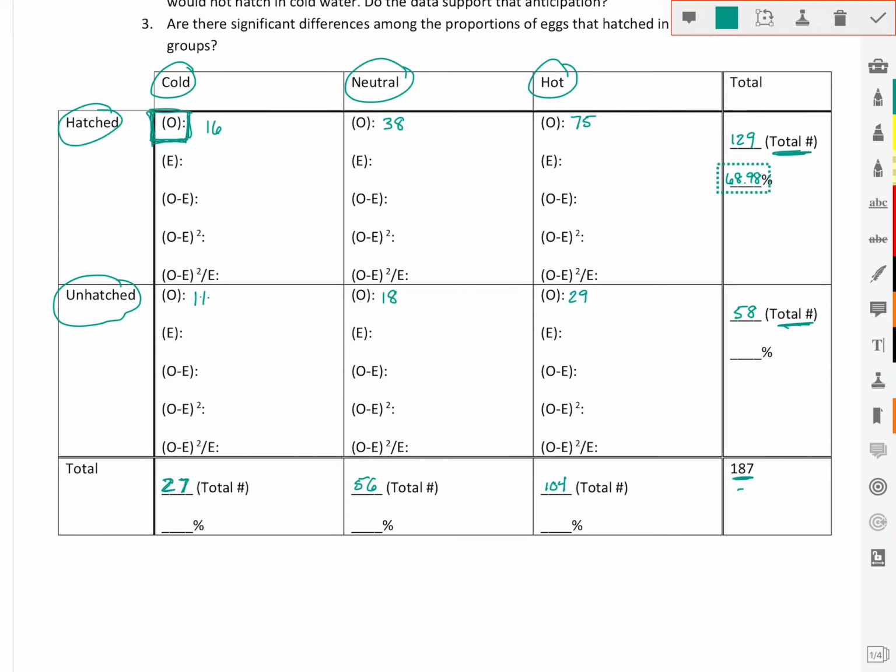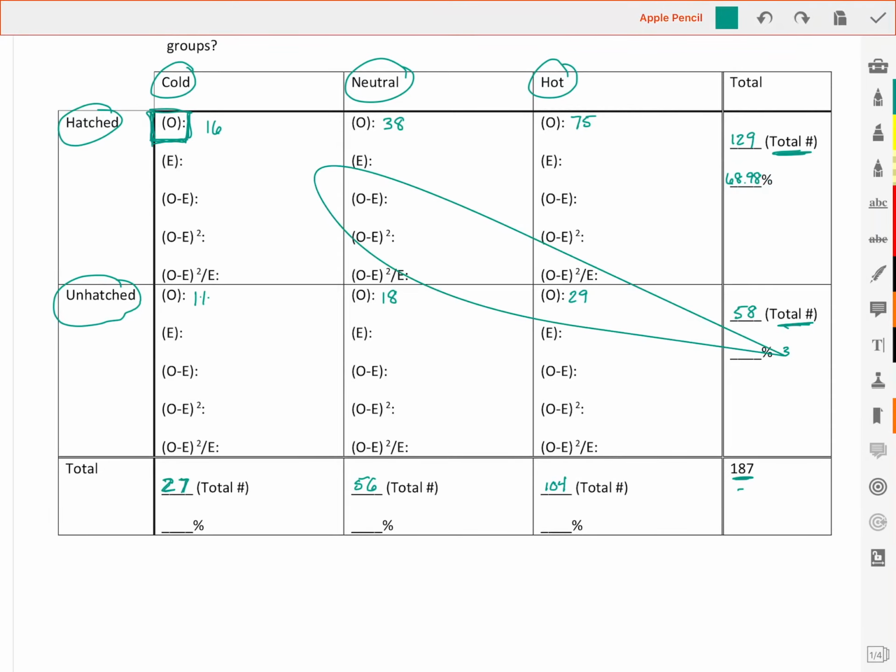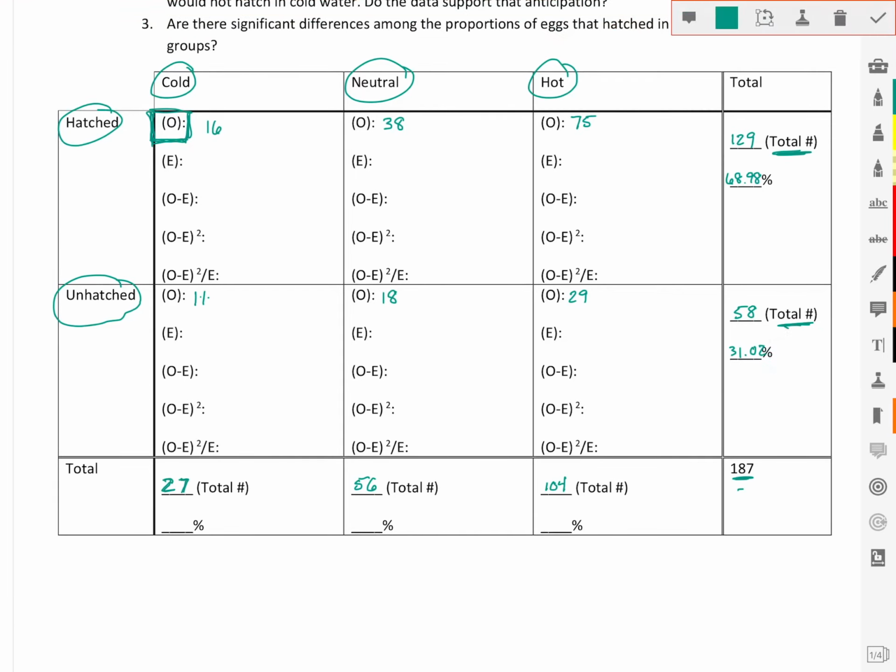So we have 68.98%, and down here we have 31.02 percent. So let's move that over there. Okay, so now we're going to use these percentages. Notice here, the 68.98, all I'm doing is saying 129 of the 187 eggs were hatched, 68.98% of those eggs were hatched, and 31% were unhatched.